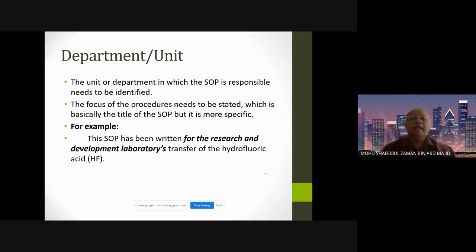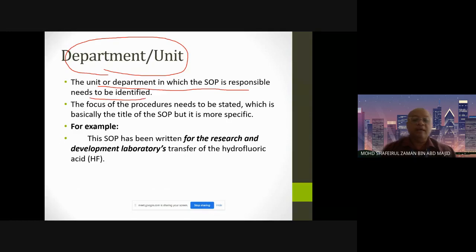Next, in the template, you're going to have the department or the unit. So the unit or department for which the SOP is responsible needs to be identified. So the focus of the procedures needs to be stated, which is basically the title of the SOP, but more specific.